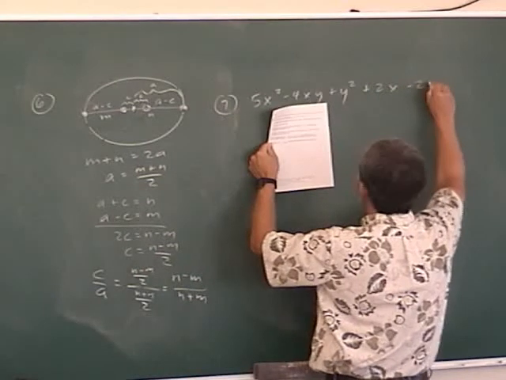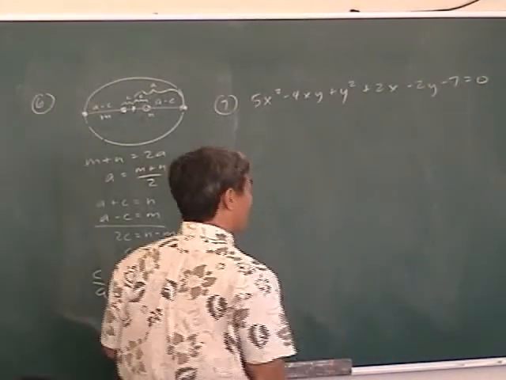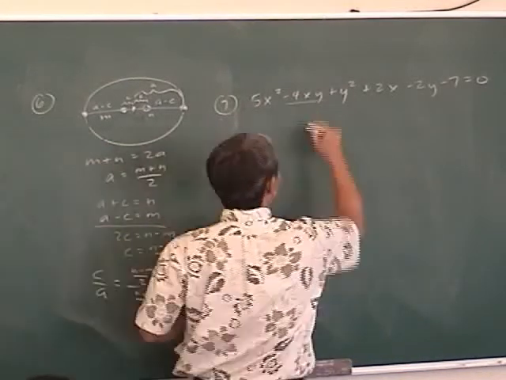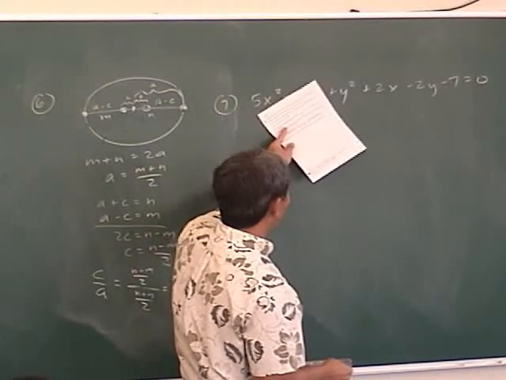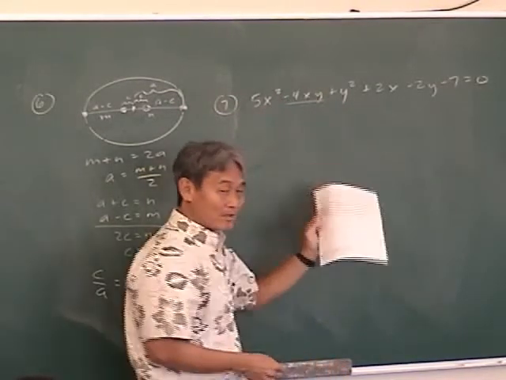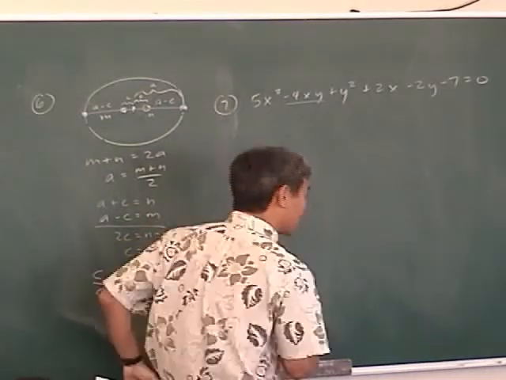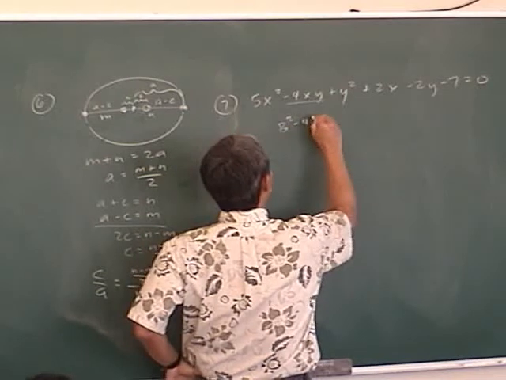Okay, it says identify the conic. Now, I don't even know if you guys did the parabola homework. If you have something written in general form like this with the xy term, how do you identify what the conic is? You cannot just use the rules that we learned before. Once you add the xy term in, it changes everything. What determines what kind of conic section it is? It's in the notes. B squared minus 4AC.